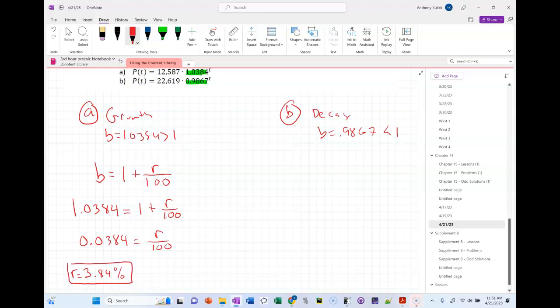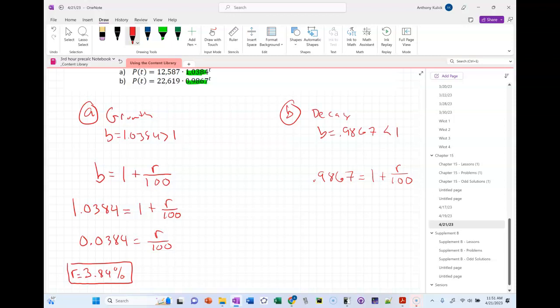So I have R equals 3.84%. We'll do the same thing over here. What should we be expecting with our R? Since this is decay, expect the R to be negative, yeah.